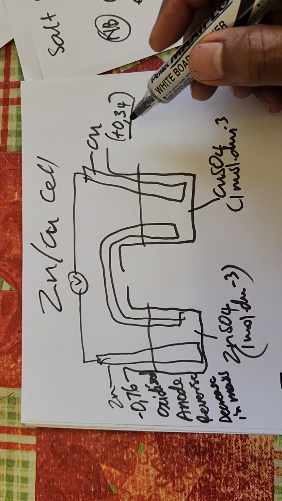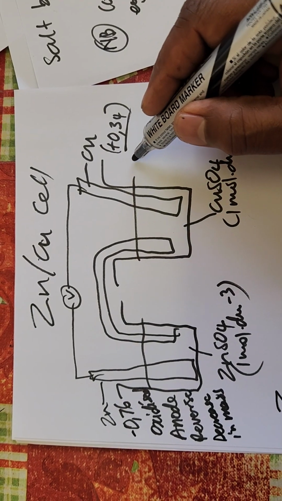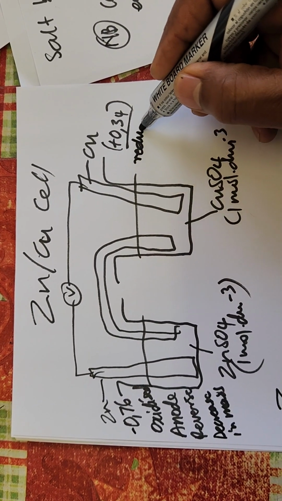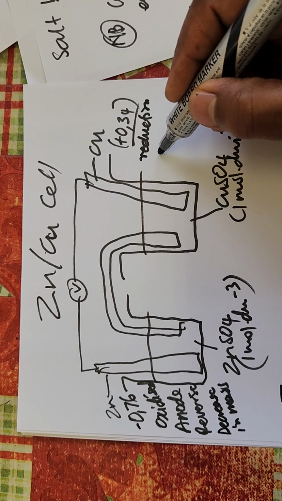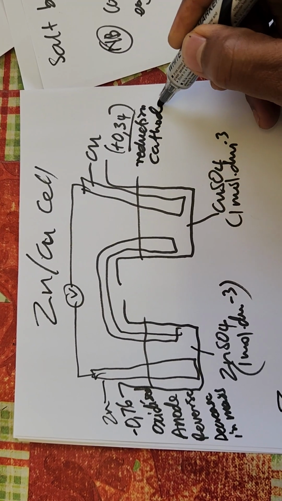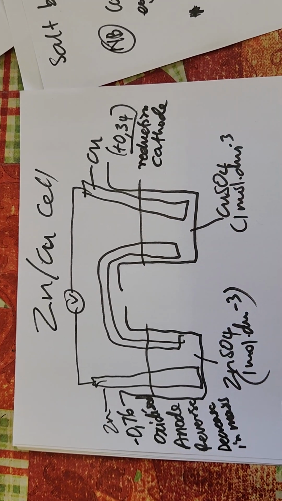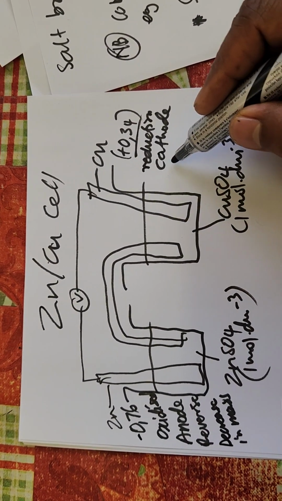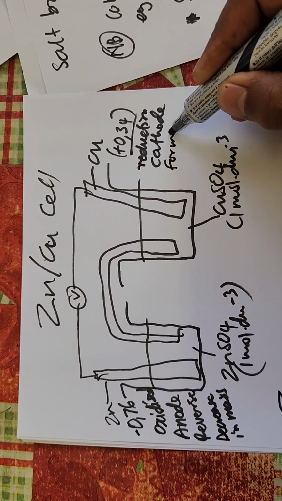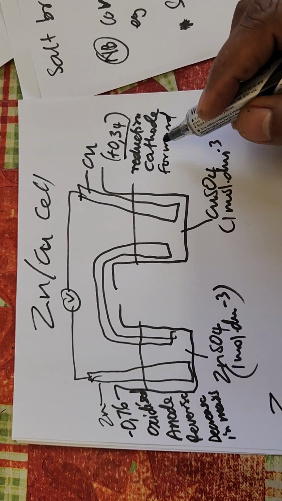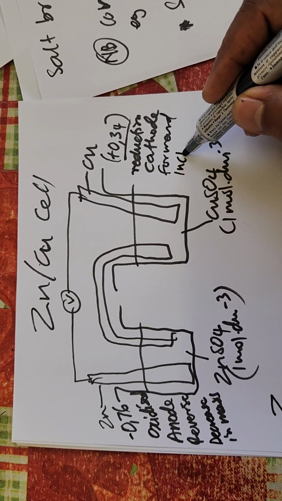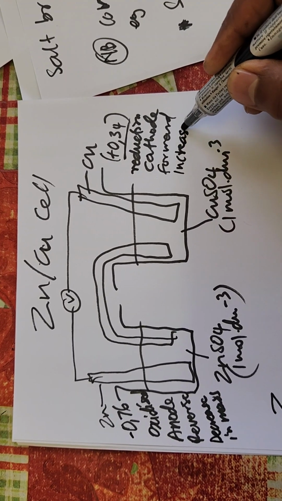This side, because it's bigger, is where reduction will take place. That's where I will find my cathode in this half cell. If I write the reduction half reaction, we'll have to write the forward reaction. And that's where there will be an increase in mass of the electrode.